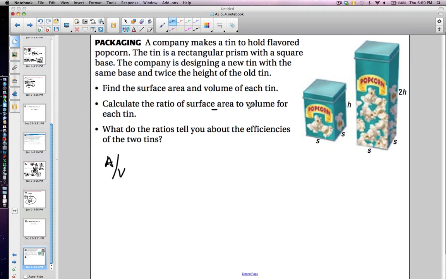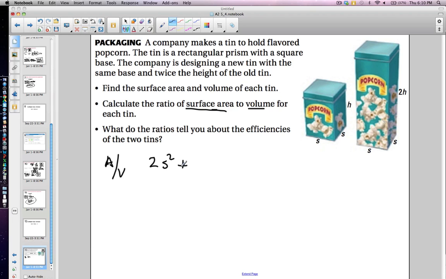That's numerator to denominator. Okay, so if I'm going to do tin number 1, let's take this one. When I start thinking of surface area, the surface area of the bottom is s times s, and that's the same for the top. So I'll have 2s squared. That's the bottom and the top. And then I have 4 sides, and each side is s by h.